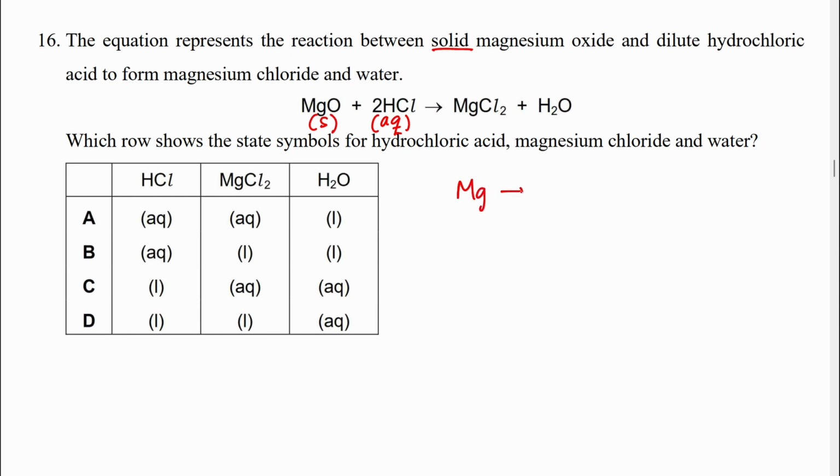Mg is a metal, while Cl, chlorine, is a non-metal. The reaction between metal and non-metal, this is what we call ionic bond. And we already learned about this in the previous chapter. All ionic compounds can dissolve in water, and that's why the state here is also aqueous. And water is always liquid, right? So the correct answer here is A.